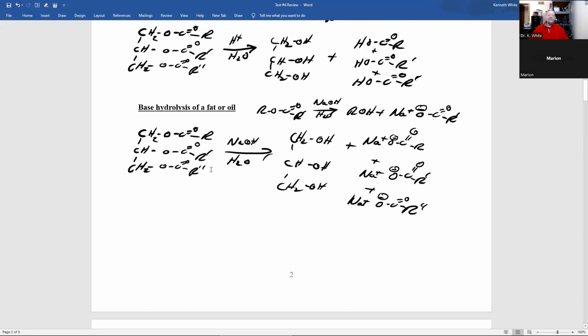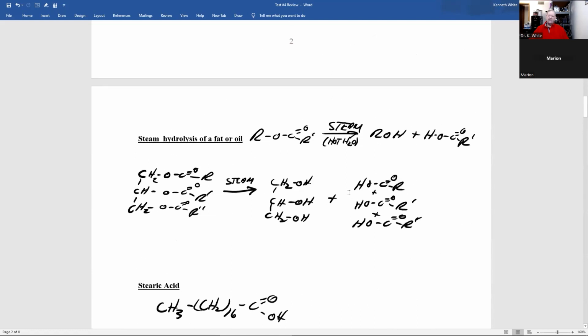If you react the fat or oil with base, sodium hydroxide and water, you get back the alcohol and the carboxylate anion you would have used to make that ester. And here you have your 3 esters. This ester gives this alcohol plus this carboxylate anion, and same for the other 2. And you get glycerin and these carboxylate anions.